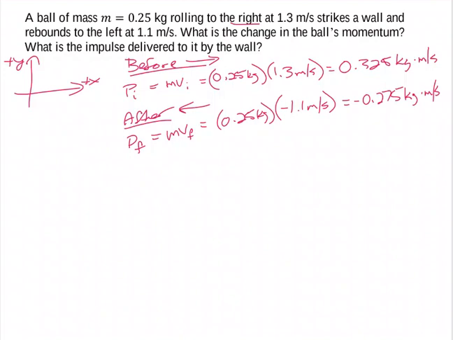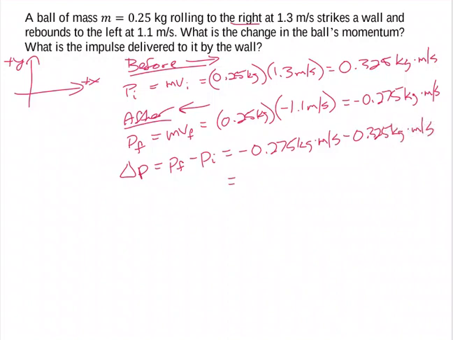Okay, so now the first question says, what is the change in the ball's momentum? How do I calculate the change in the ball's momentum? P final minus P initial. So delta momentum equals momentum final minus momentum initial. Well, momentum final was negative 0.275 minus 0.325.